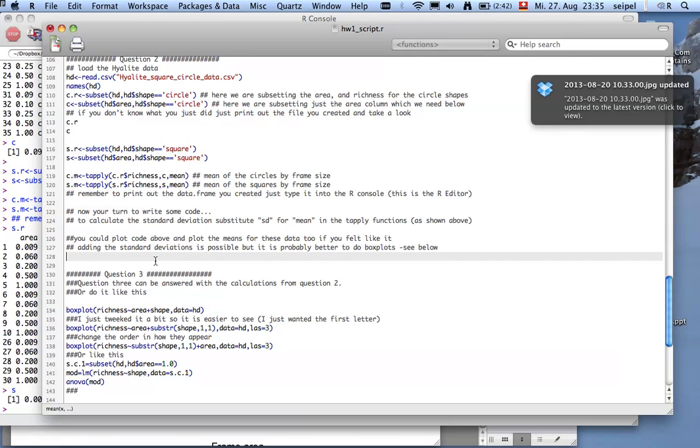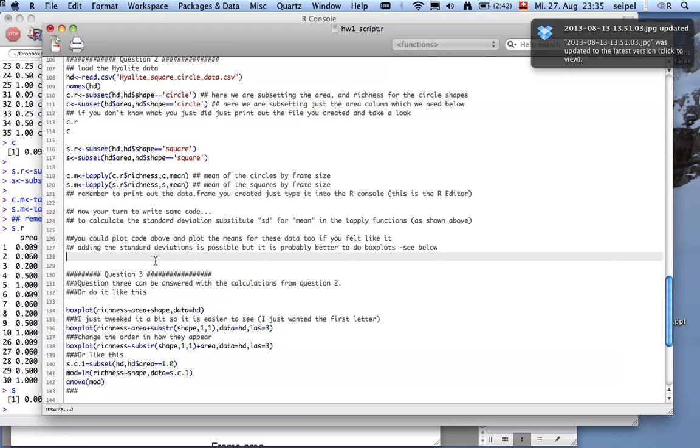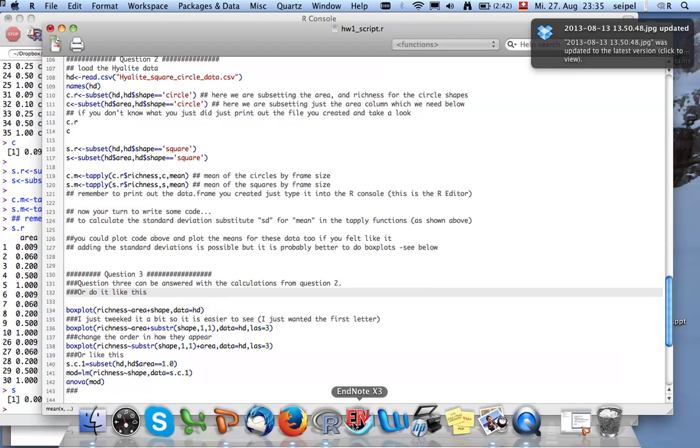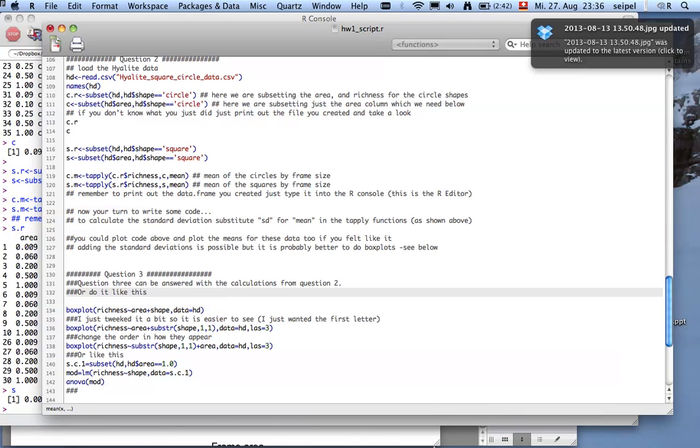So question 3 can be answered using the data as we calculated it in question 2, or we can do it in a fashion below.